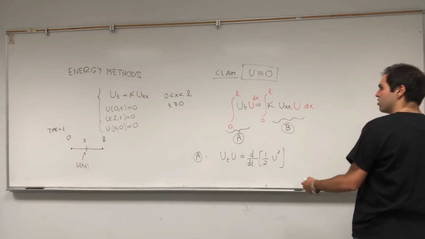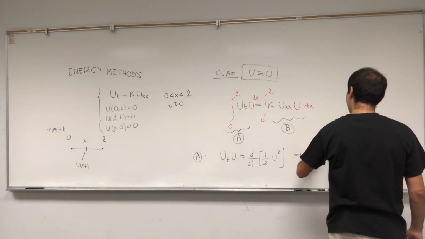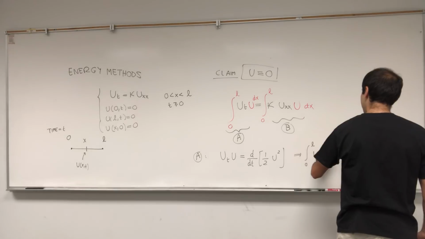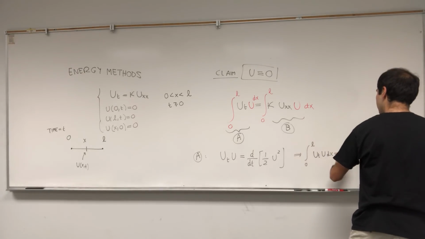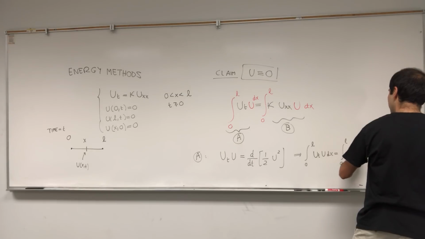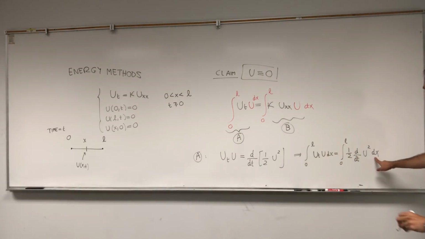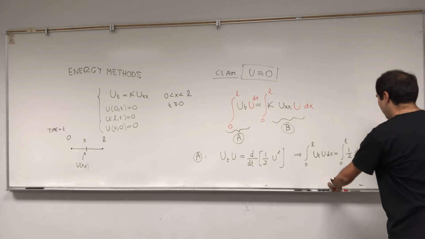So in particular, this integral from 0 to L of u_t u dx becomes the integral from 0 to L of 1/2 d/dt u squared dx. And you see here we're integrating with respect to x, so the time derivative actually doesn't matter at all.